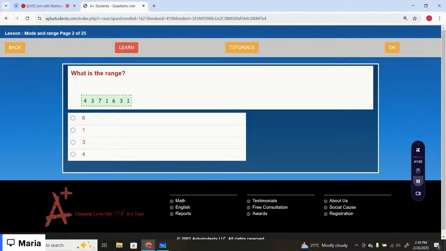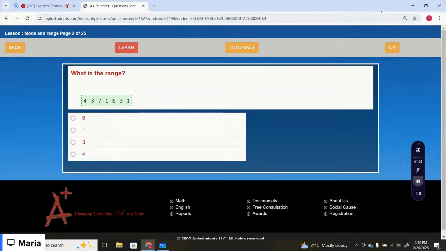What is the range? Range is the difference between the smallest and the greatest number in the given data.